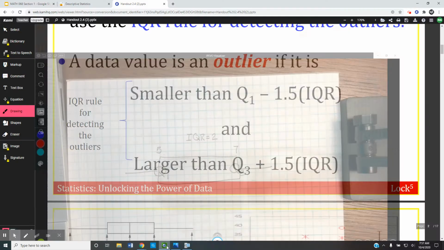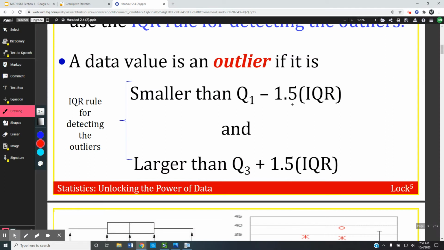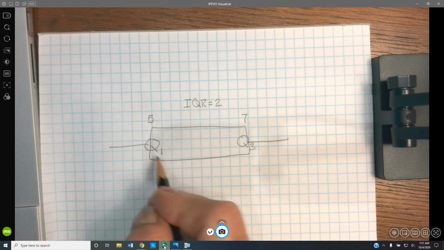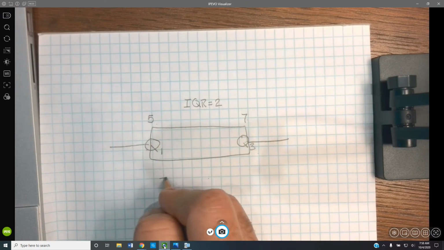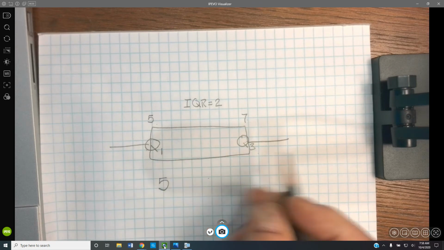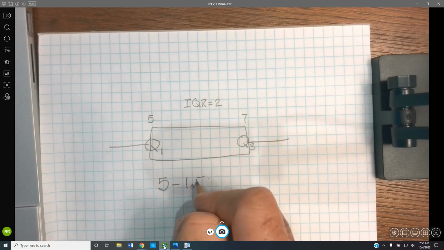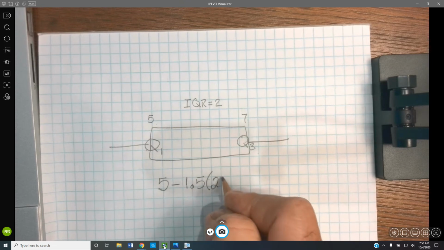Now, look at the rule. The rule says 1.5 times the IQR subtracted and 1.5 times the IQR added. So I'm going to take my first rule here. I'm going to take number 5, which is my quartile 1. I'm going to subtract 1.5 times 2.